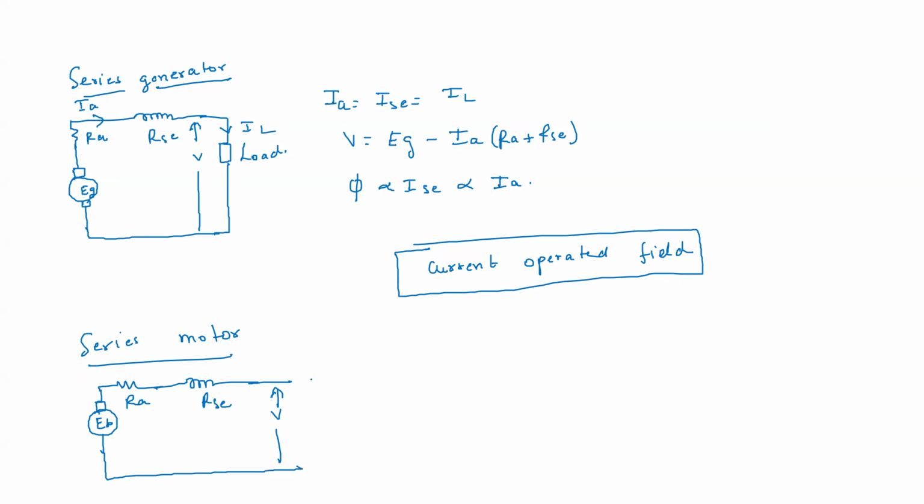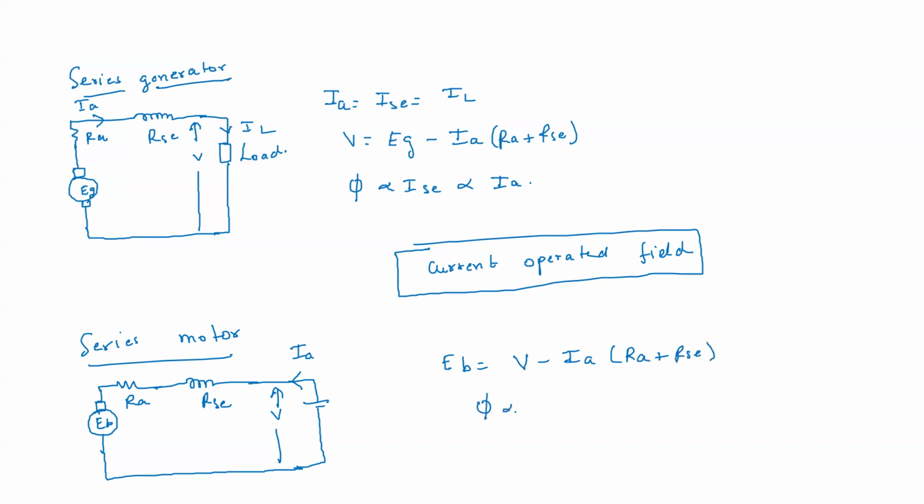For a motor, it takes voltage to rotate, so basically it is given power so that it rotates. So the current is in this direction. Now what about EB? EB is V minus IA into RA plus R series.